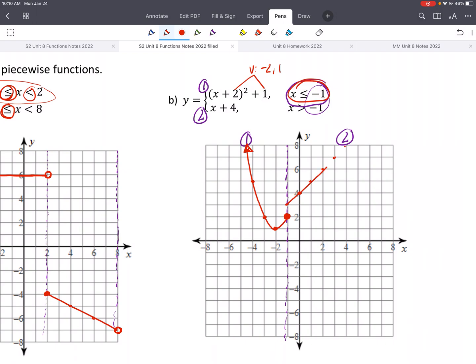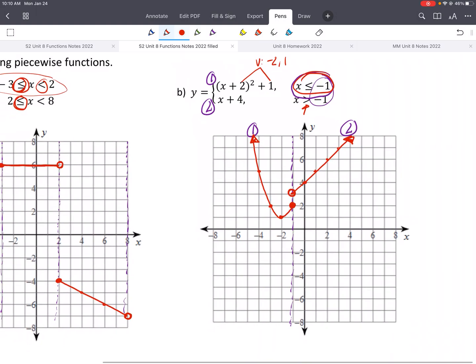Connect those dots. And here it doesn't include, x is greater than but not equal to -1, so we'd want to make this open. Again, you might want to erase some stuff to make sure that it's visible to show that that's open.